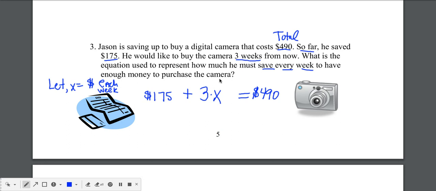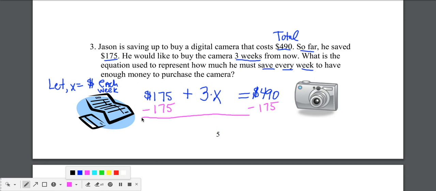All right. Now, honestly, we could probably solve this without writing an equation, but it's very good practice to take a word problem like this and be able to write it into an equation or an inequality, because in the future, they get a little bit more complex and a little crazier, and we want to have that skill down. So first, going to start out with undoing this, minus 175 from here, which kind of makes sense because we already saved that.